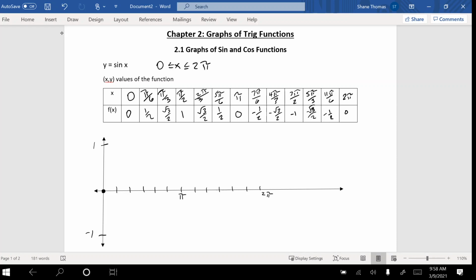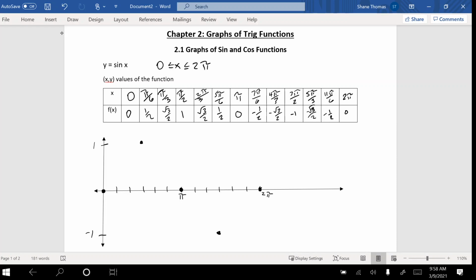At pi over 2, it would be 1, halfway between those other two. And then back at pi, I'm back at 0 again. I'm at -1 at 3 pi over 2, which would be right here. Then back at 0.